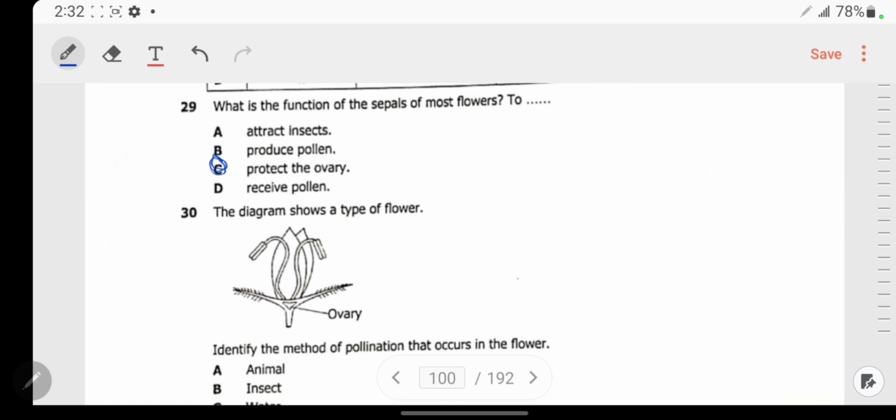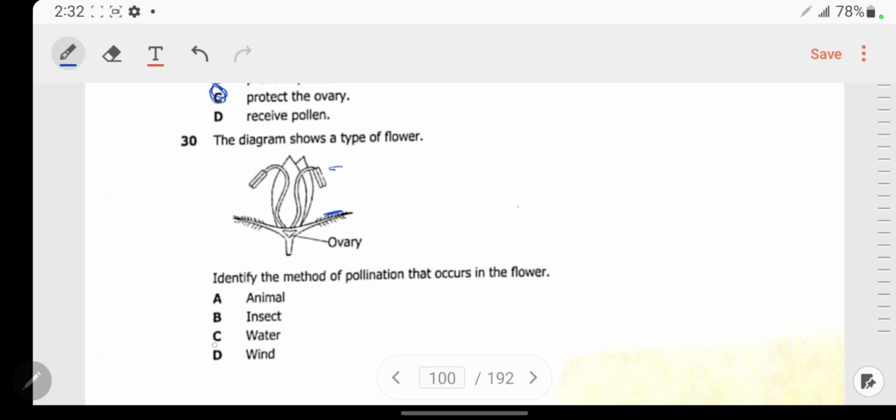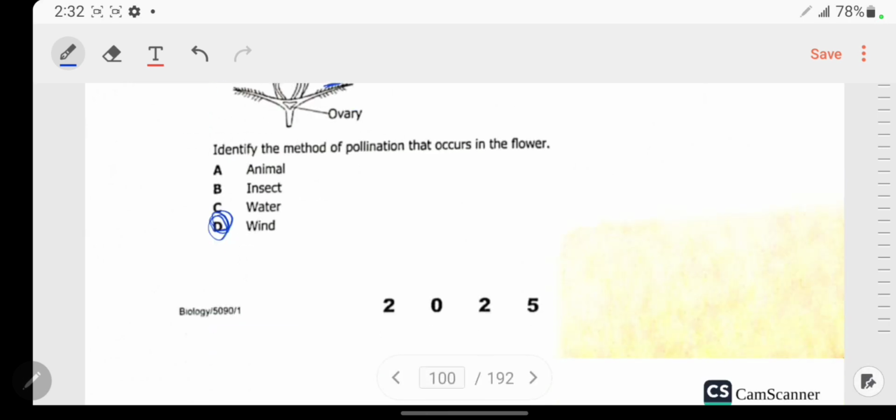In this flower, the stigmas are lying like this, and these anthers are loose. This means this one is wind pollinated, because they don't even look strong, so that even pollen can fall. So this one is wind pollination, because they can easily be moved by the wind.